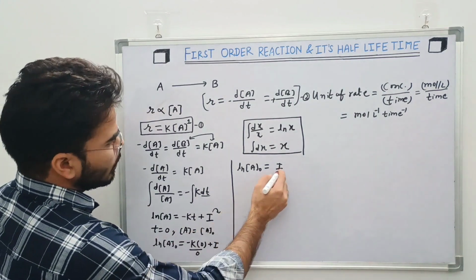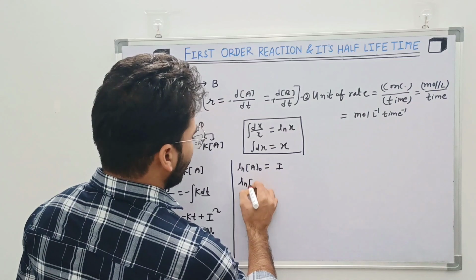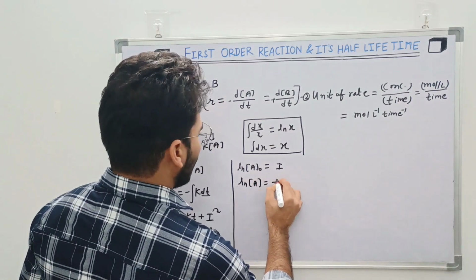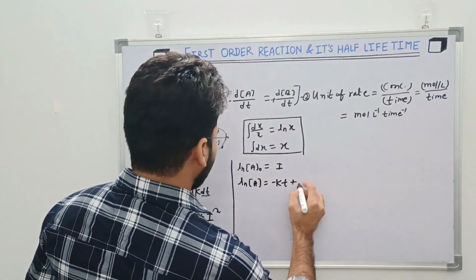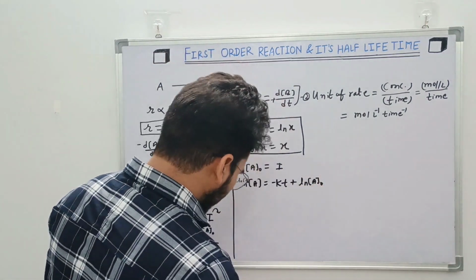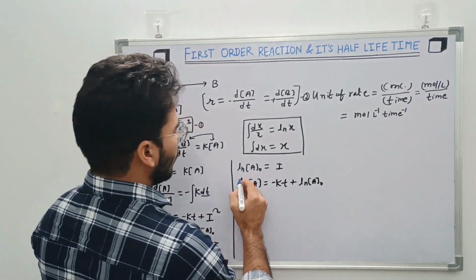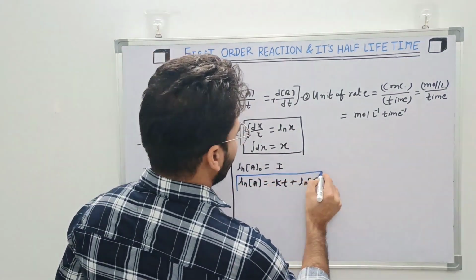We can put this integration constant in this expression, then we get ln A is equal to minus kt plus ln A0. So this is the rate constant expression for a first order reaction.